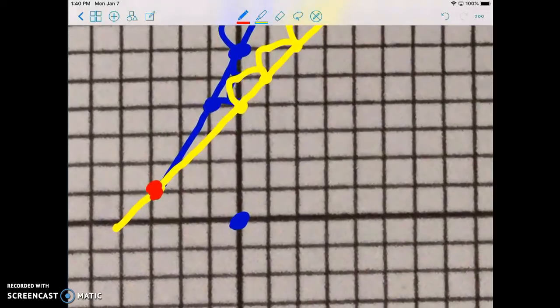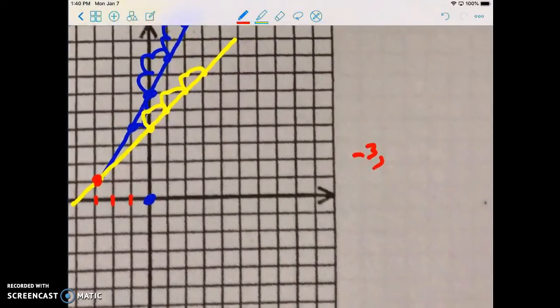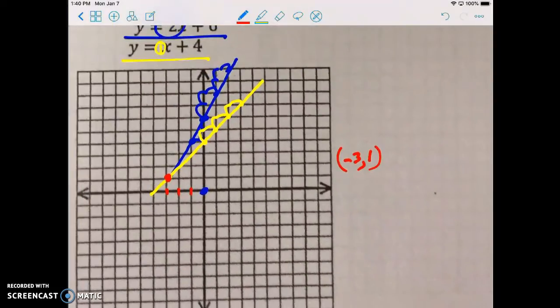And that value is negative 3 and positive 1. Now, since I did not notice them cross right away, and my lines are a little bit crossed, that's why we check it, just to make sure that it works.